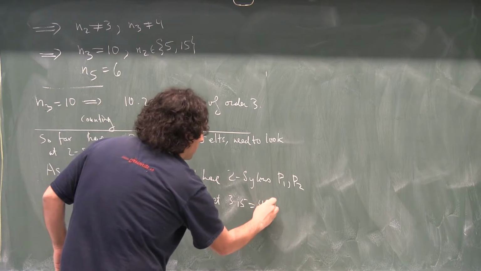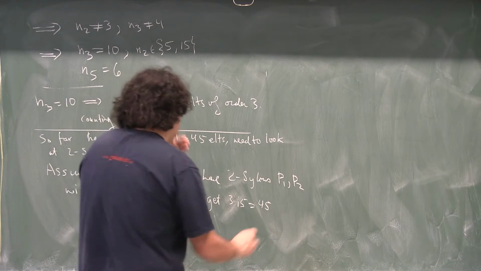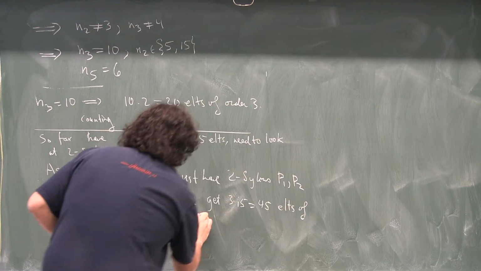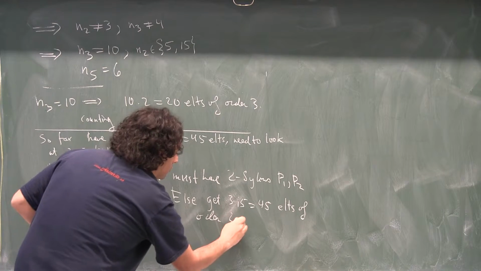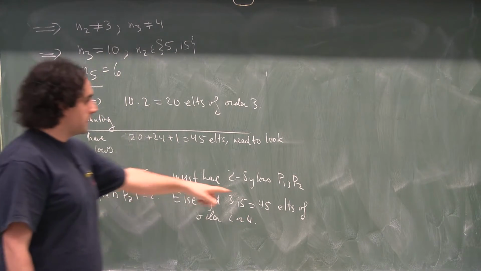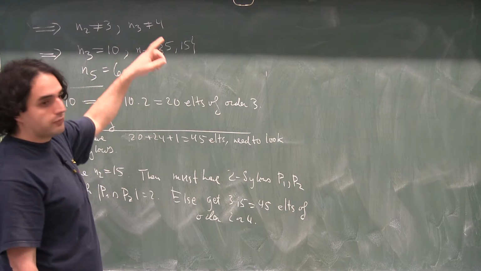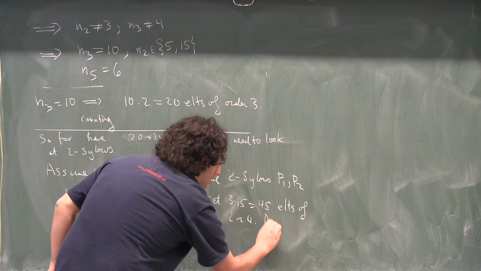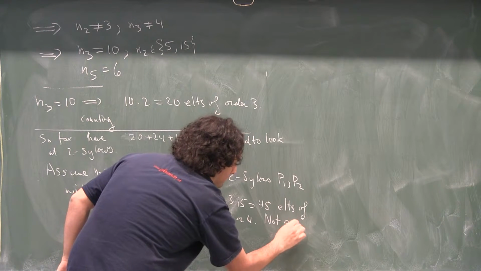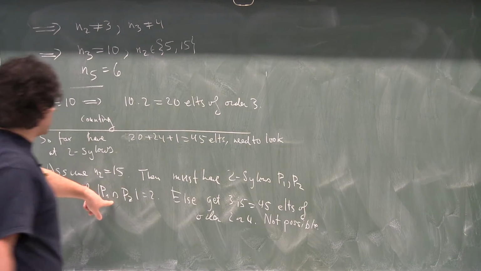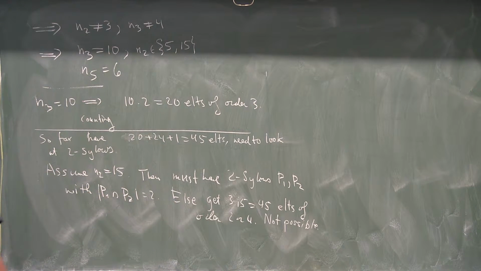It gives us another 45 elements of order 2 or 4, of order dividing 4. That's outrageous together with the 45 that we already found. So this is not possible. Okay, so we must have this intersection.